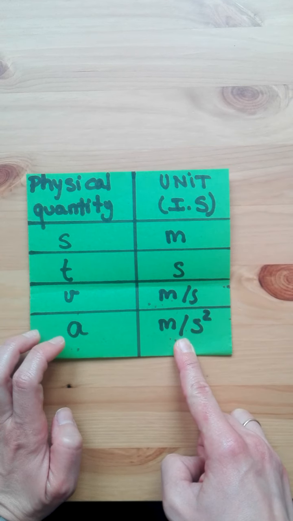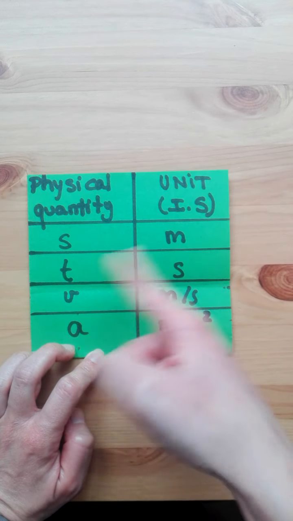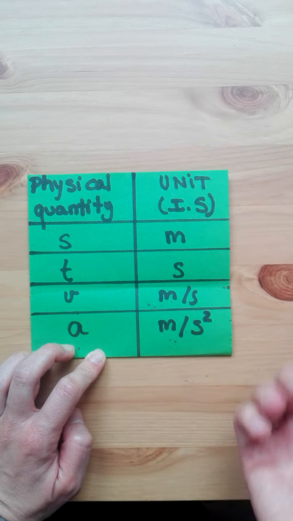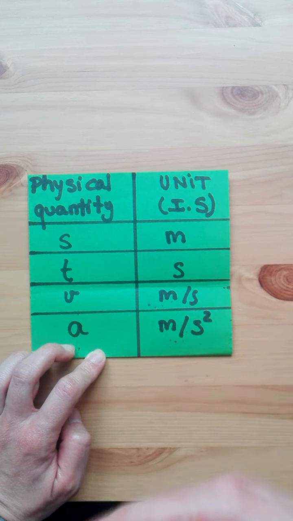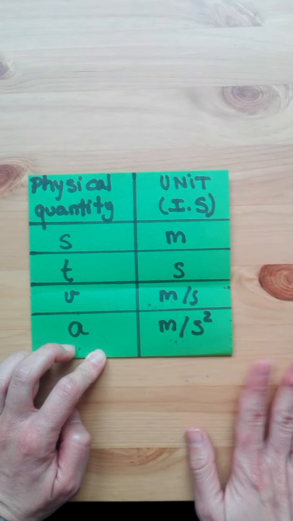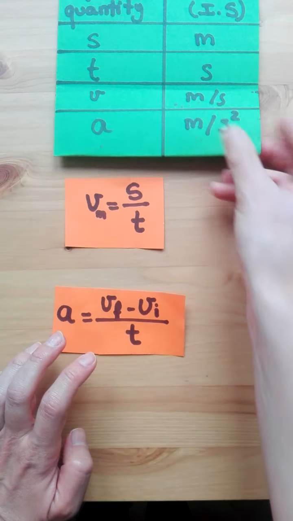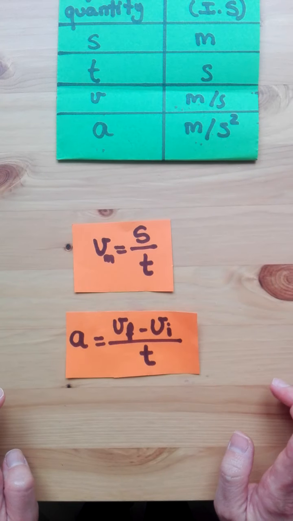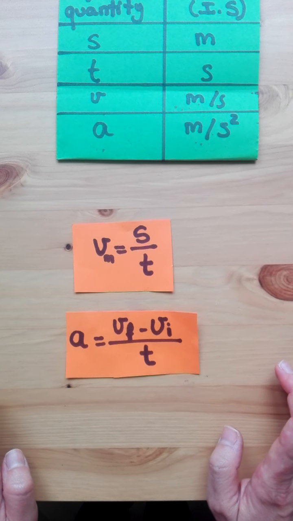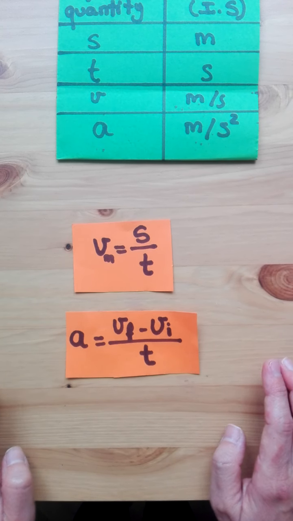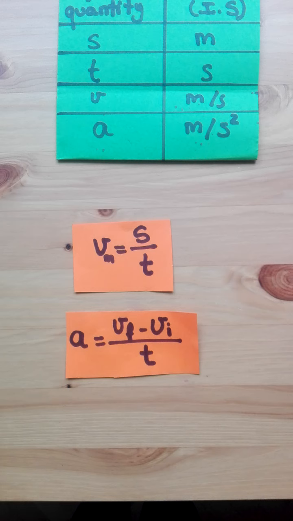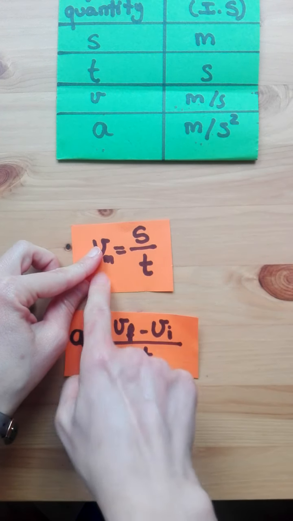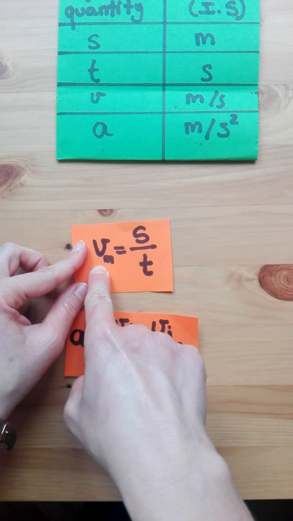There are obviously other units for each of these quantities. For example, for the distance traveled, you can use also kilometers, decimeters, whatever, or for the time, hours, seconds, minutes, okay? But when you use these units, you have to be very aware. You have to remember always that in an equation, you can only have one unit for each physical quantity. Only one unit for each physical quantity. And what does this mean? Imagine you want to use, for example, for the mean speed, kilometers per hour.